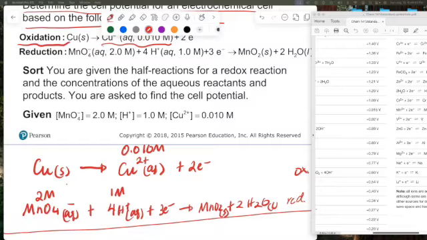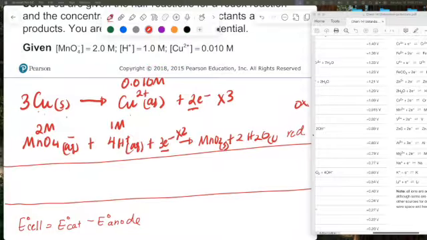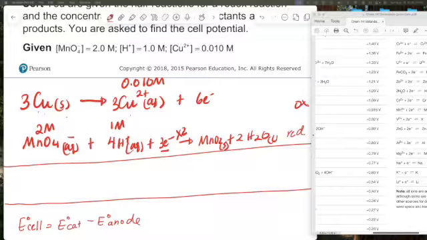Now, it looks like the copper is balanced. The electrons in the half reactions are balanced, but we need to make sure the electrons are equal so we can add the overall reaction. Since we have 2 and 3, we're going to multiply the top reaction by 3 and the bottom one by 2. So we put 3 here, change this to 6. The bottom one, you're going to multiply by 2, so we have 2 here.